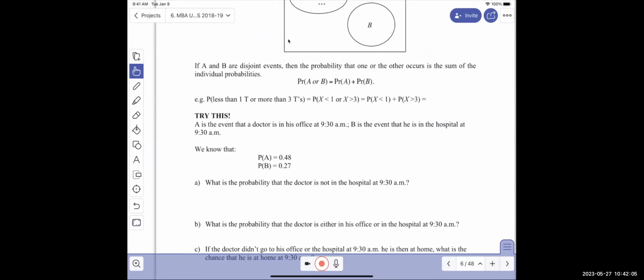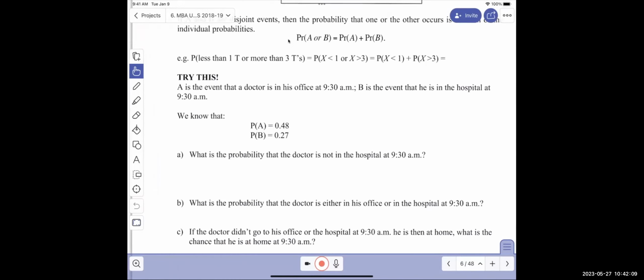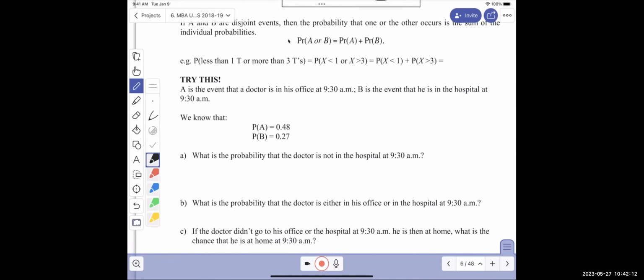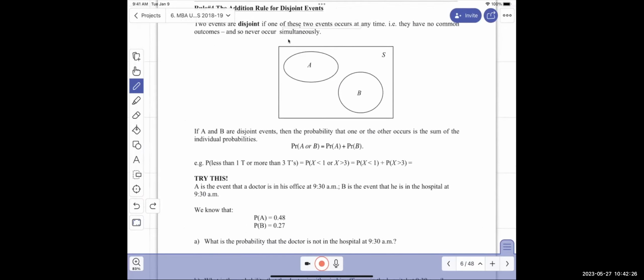Okay, so the best way to approach this, since I know it's disjoint events, is to depict it as such. Let's do this. I'm going to cheat and get this drawing over here.